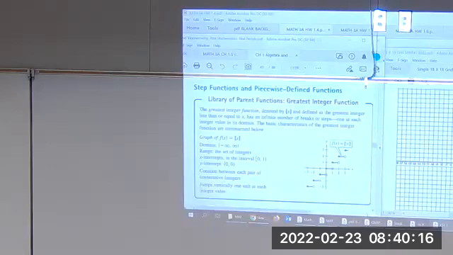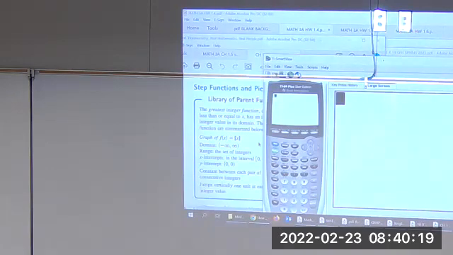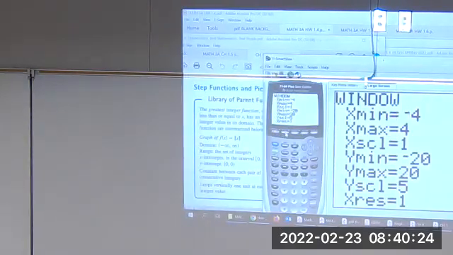Actually, I know what I'm going to do. Set up a window. Yeah, the x from -4 to 4 looks good. Y-axis, I'll do -5 to 5. Now, I didn't put anything into the function.